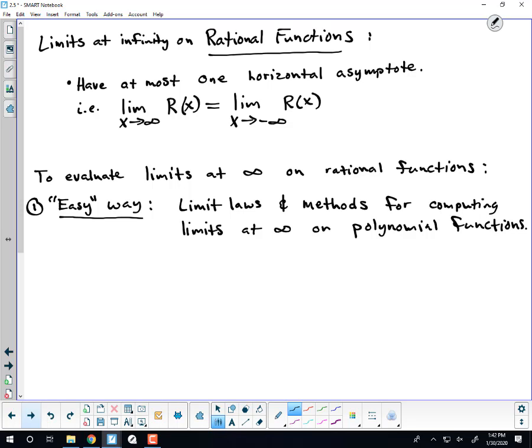Yeah, it's a polynomial divided by another polynomial. So those had at most one horizontal asymptote, meaning they either had one horizontal asymptote or they didn't have any horizontal asymptotes. Okay. So with rational functions and rational functions only, the limit at infinity and the limit at negative infinity are the same.